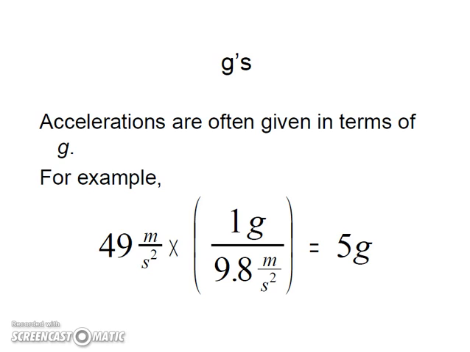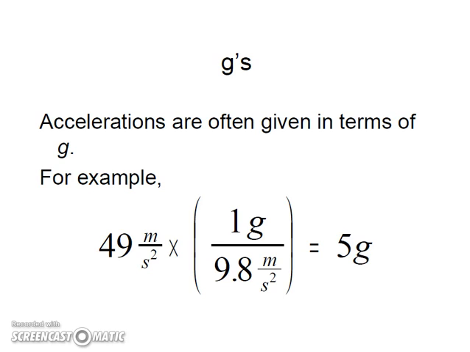Okay, so we talked a little bit about g-forces, and we mentioned that acceleration due to gravity has its own term. 9.8 meters per second squared, we can call that 1 g, as a non-SI unit, and we can convert back and forth between those terms.